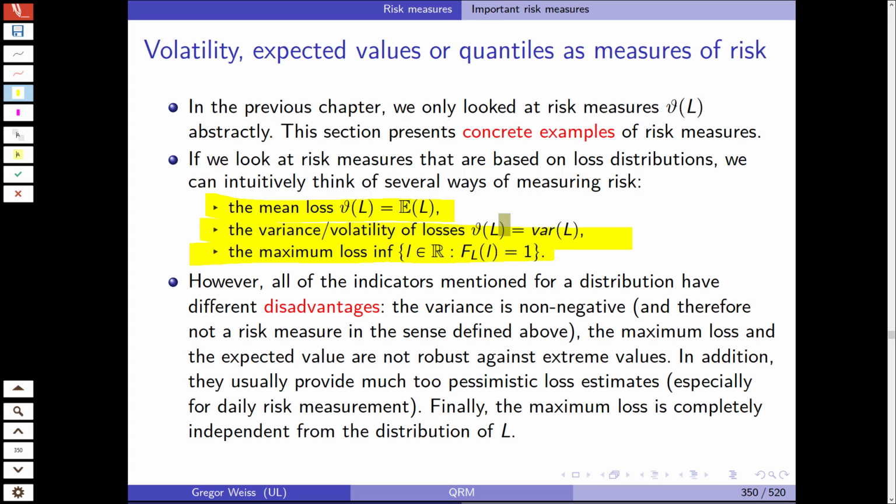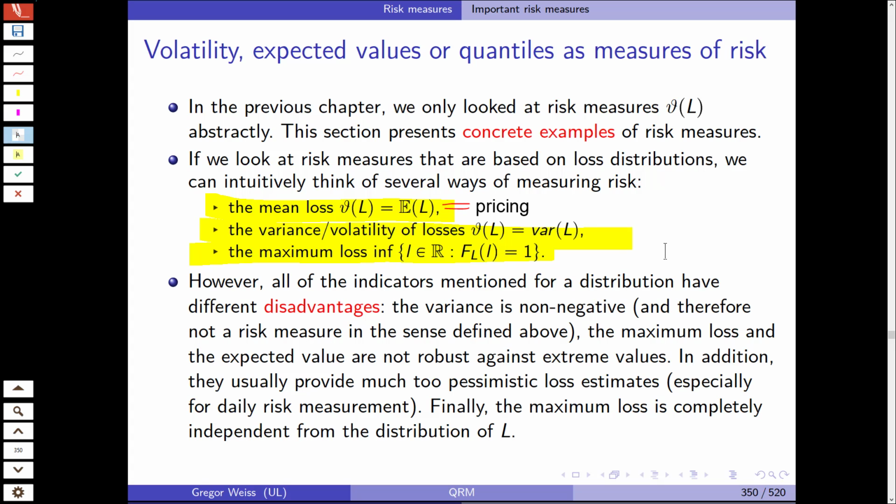For example, in credit risk, the expected loss from a loan is actually used in risk management. How is it used? The expected loss is simply used for pricing. If you already expect this kind of loss, you include it in your price, that is the interest rate you are asking on your loan.